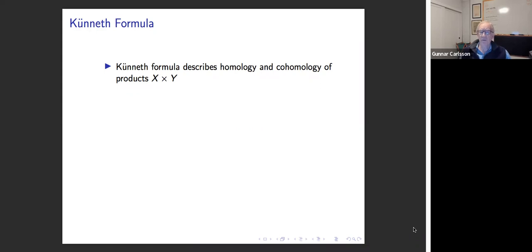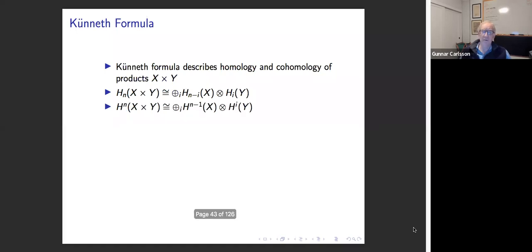So the Künneth formula, for example, describes homology and cohomology of products X cross Y. And for simplicity, we'll take the field coefficient case here, where H_n of X cross Y is the direct sum of the tensor products of H_{n-i} of X and H_i of Y. So that's a very clean, explicit formula for the homology of a product.